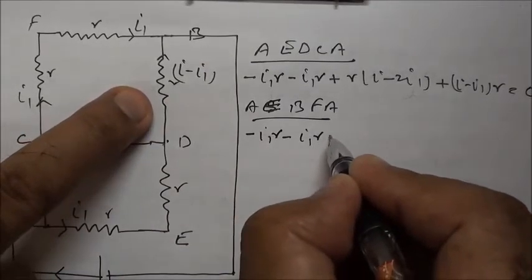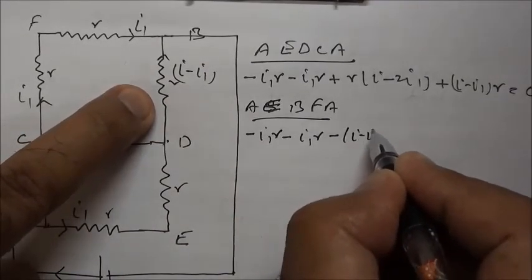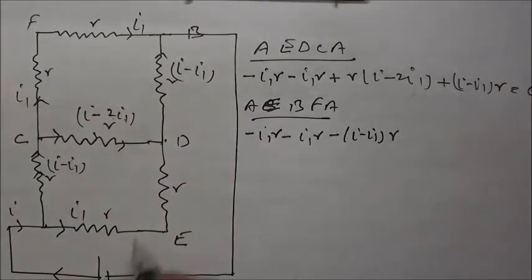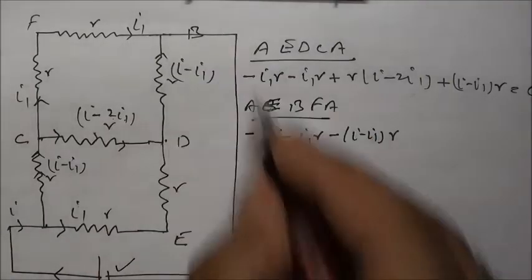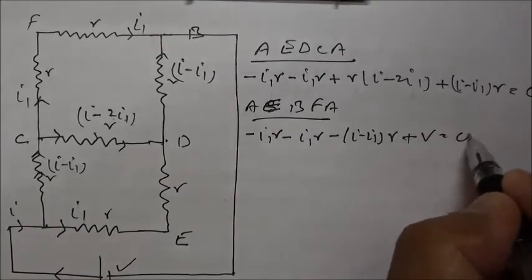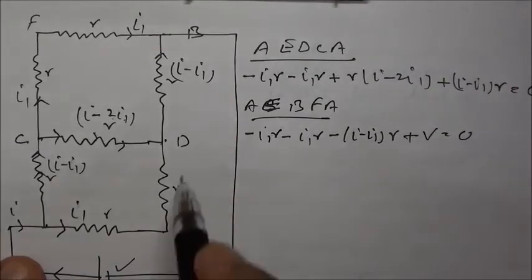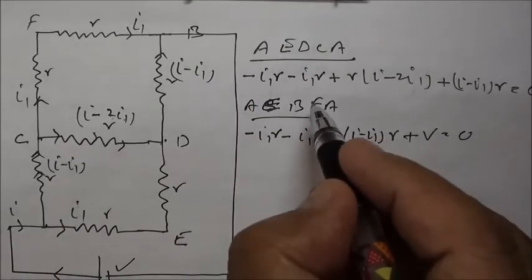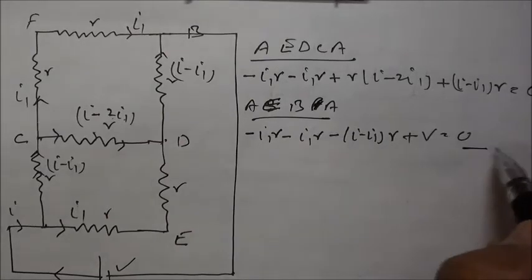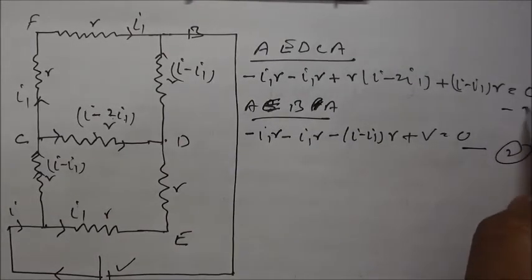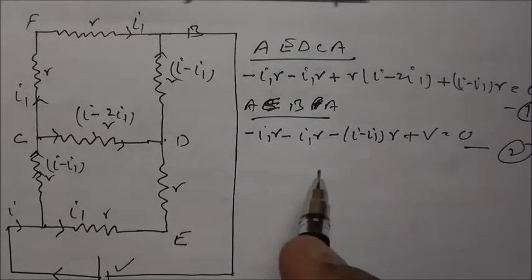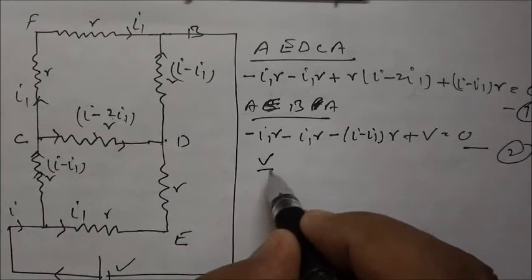Now this one minus I minus R1 R. Or we can take, because we have to take one this also, so let it be this one plus V is equal to 0. So let it be A, E, B, A. This one. If required, I will make another one. Though I think we don't need, because we have to find out the value of V by I.